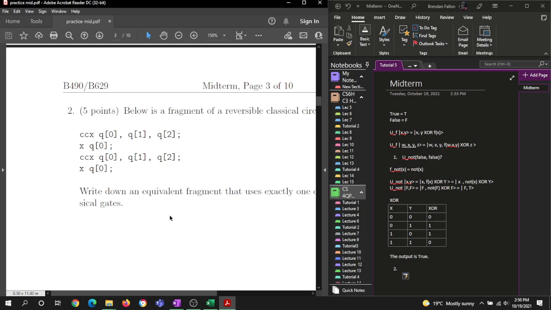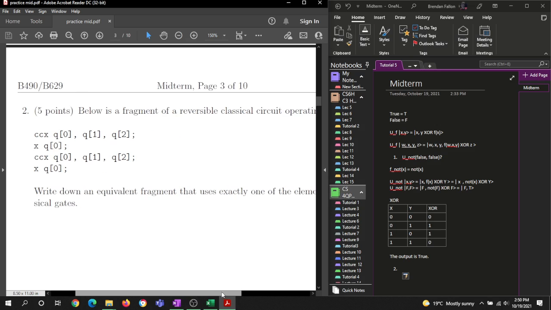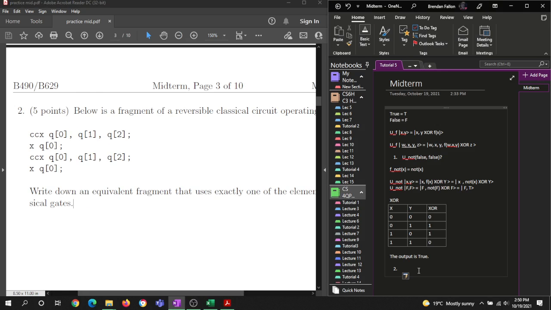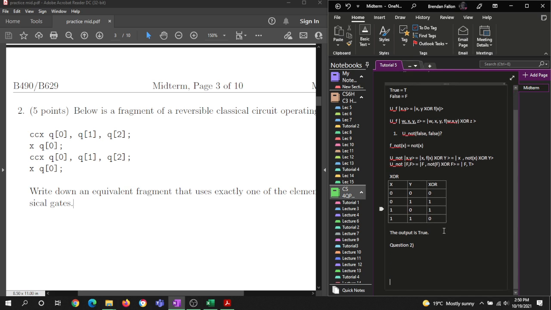But let's actually work through it and see what the actual output is. So question 2. We'll draw out the circuit of what it should actually look like.